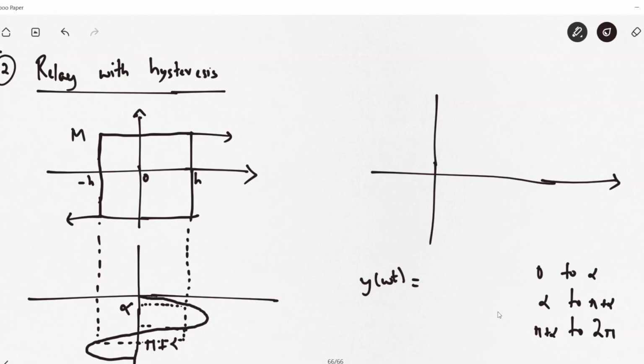From 0 to alpha, the output will be minus m.